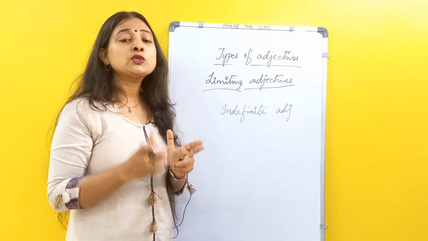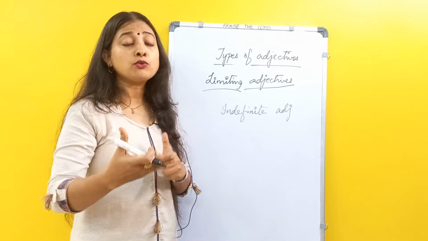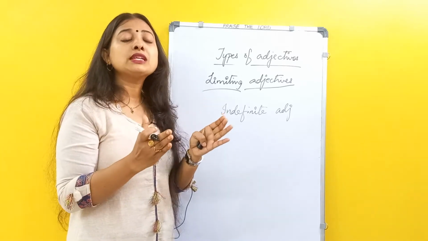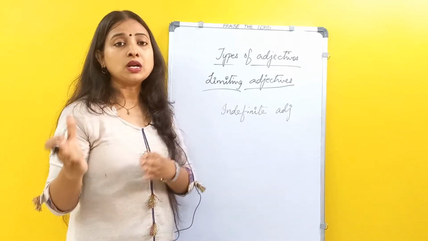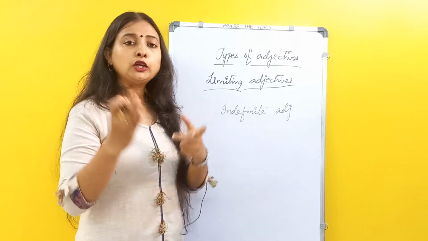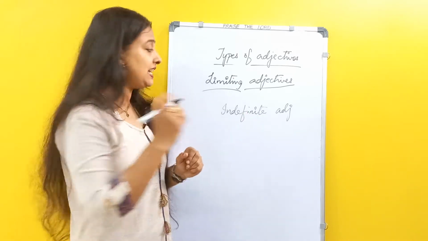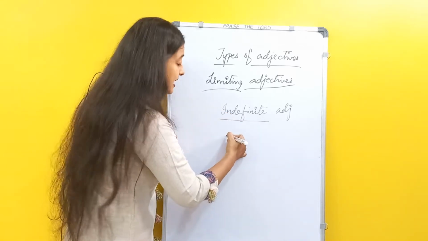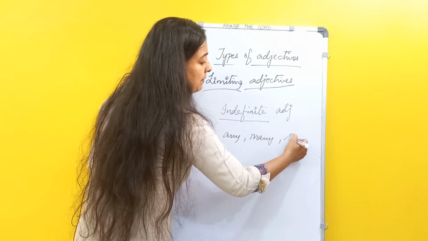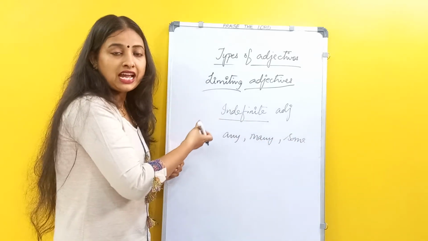So the adjectives which are used to modify the noun with the help of quantifiers, quantifying quantities, but they are not definite, we are not particular about any quantity, we call them indefinite adjectives, like any, many, some, several, which I have already told.